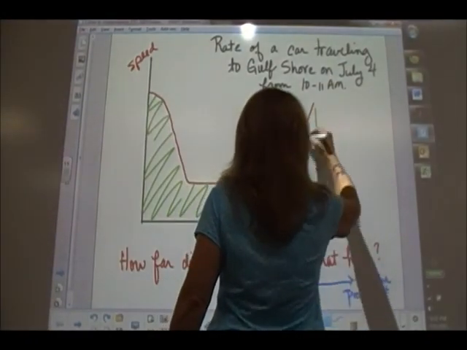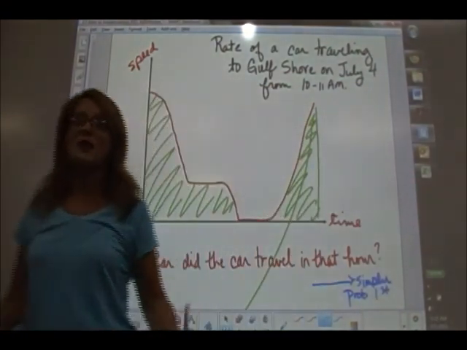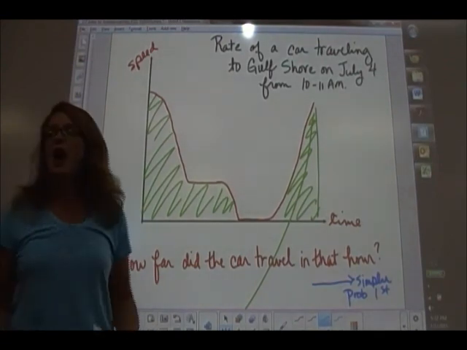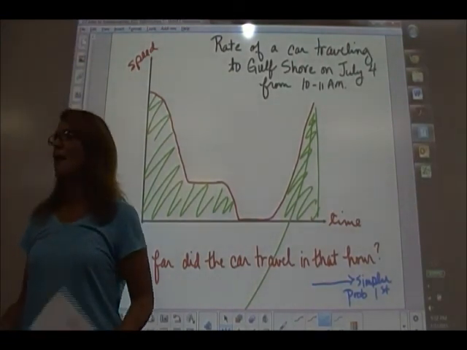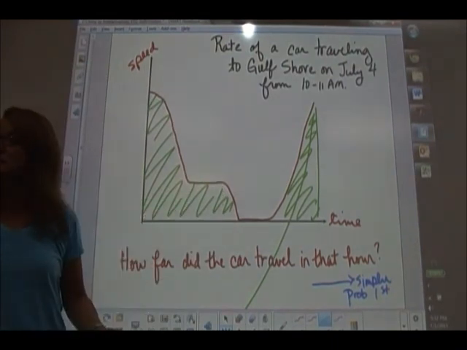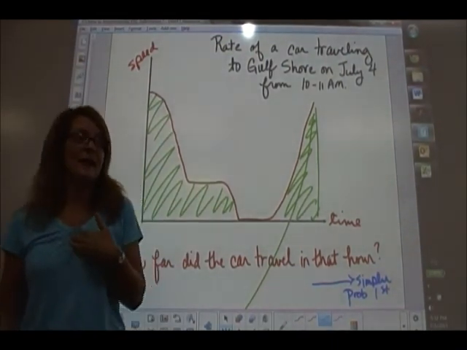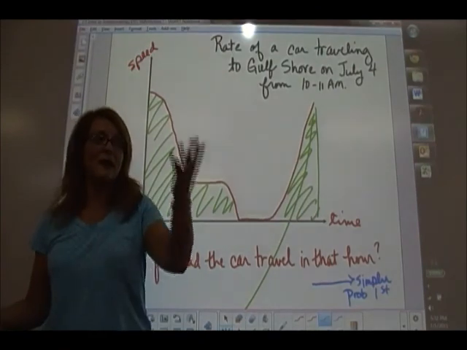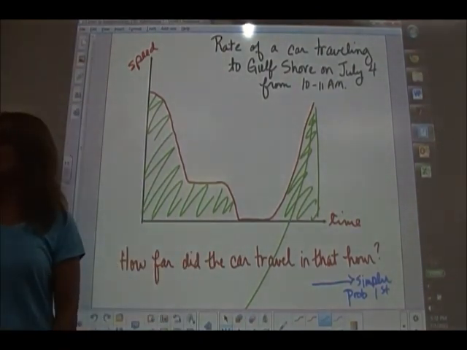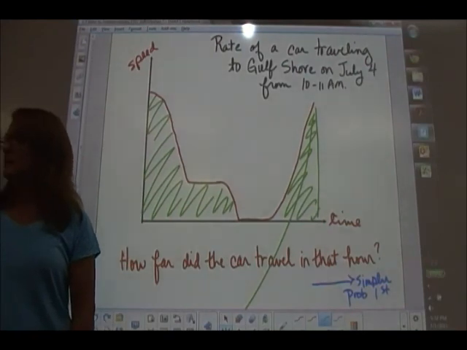Now that's going to be very difficult to do with what we know so far in our mathematical repertoire, right? We don't know how to find areas of figures that have curved sides. All we know how to do is find areas of triangles and rectangles and parallelograms and all that kind of stuff. So how can I estimate how far I've been?